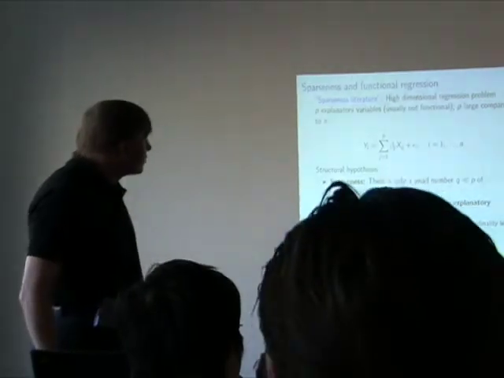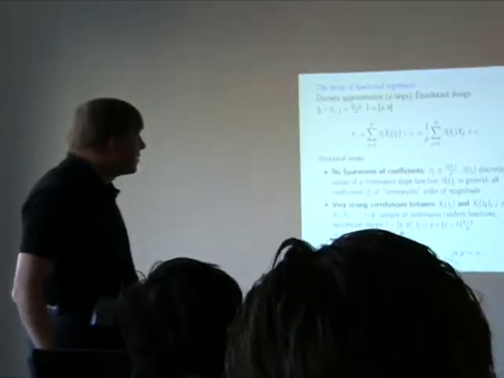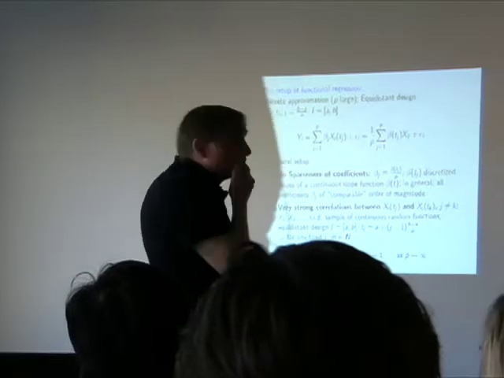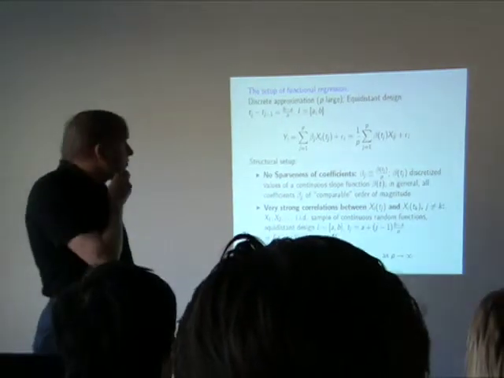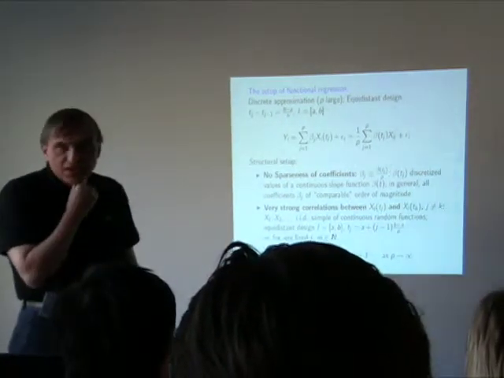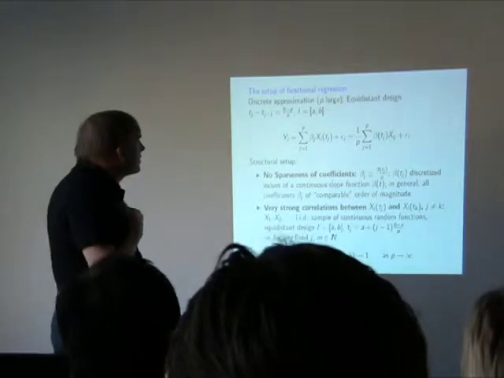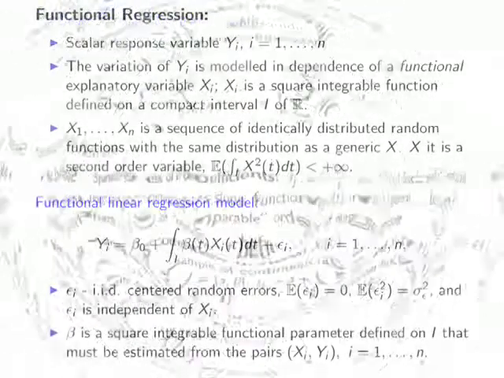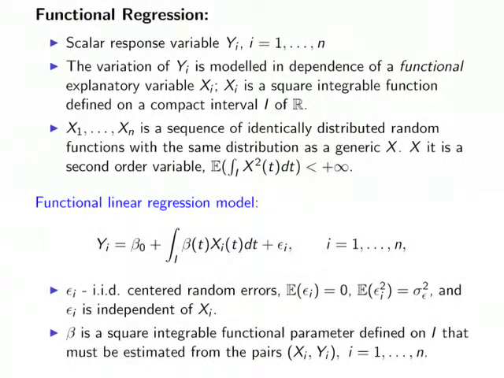In the functional context, with these functional regressions, we are in a different world, where this method doesn't work at all, because neither of these assumptions is satisfied. The point is, if you rewrite this to be more precise, the model would be this integral here, okay?